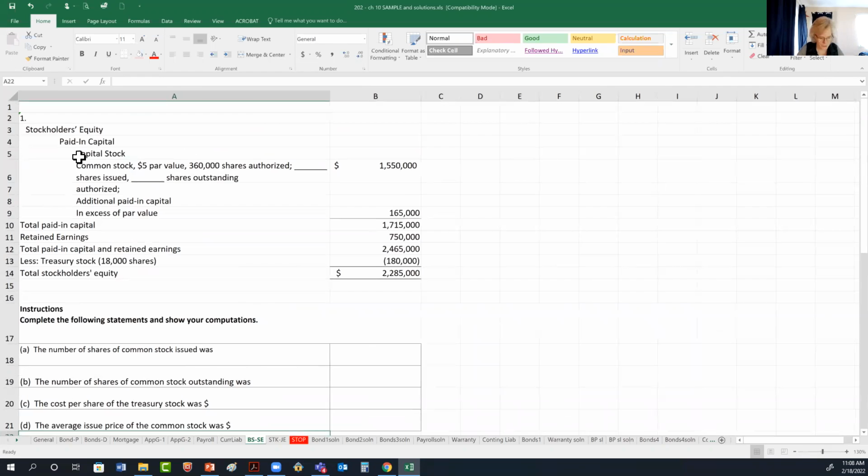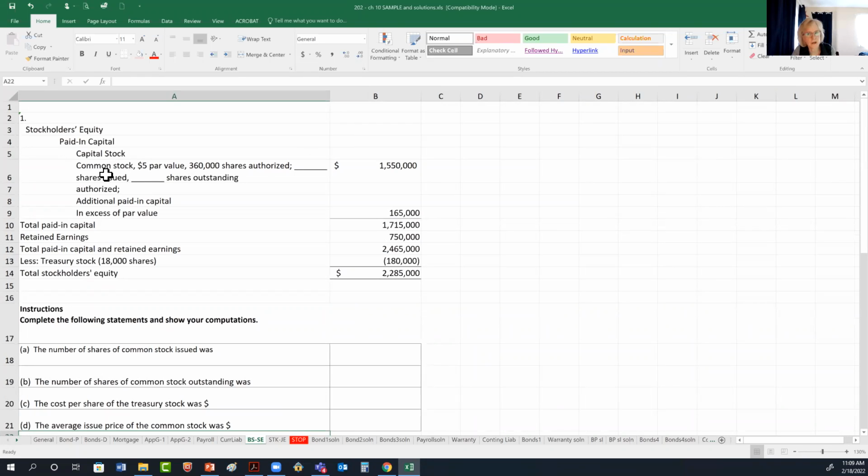Okay, so stockholders' equity problem. And we've got empty stuff here. So the blanks are saying, I'm not giving you the number of certain things, so this blank modifies this word, this blank modifies this word.